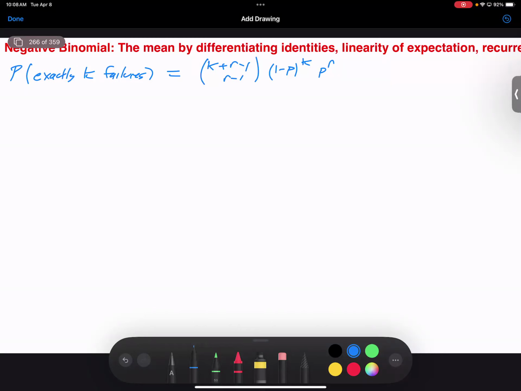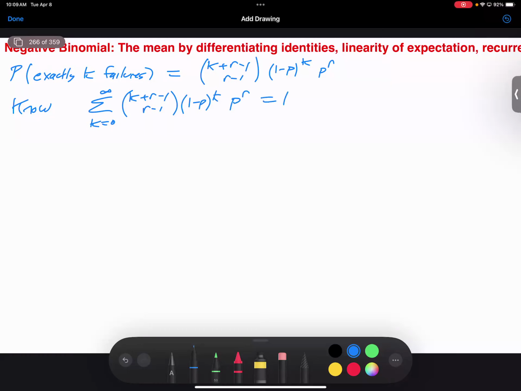Yeah, it sums to 1. That's the only identity we know. We know the sum, K goes from 0 to infinity, of K plus R minus 1, choose R minus 1, 1 minus P to the K, P to the R equals 1.